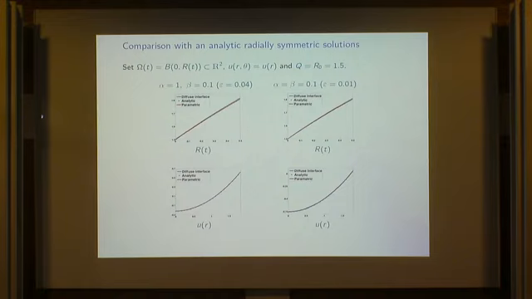For alpha equals 1 and beta equals 0.1, it was sufficient to take epsilon to be 0.04, whereas when we changed alpha from 1 down to 0.1, to get correspondence between the diffuse interface solution and the analytical solution we needed epsilon equal to 0.01. So a finer mesh size was needed to capture the curvature and hence get a good approximation.